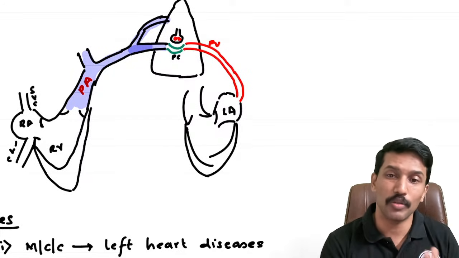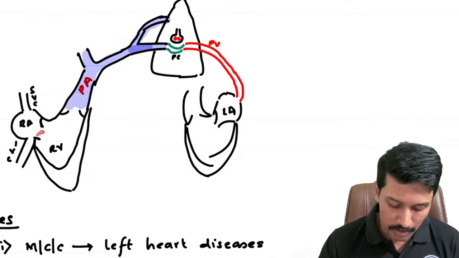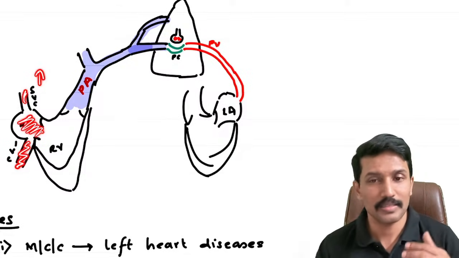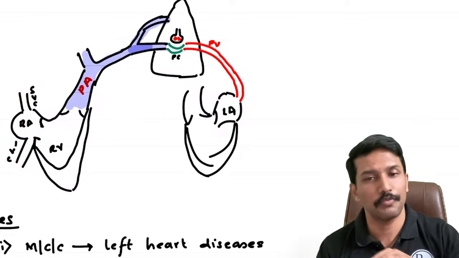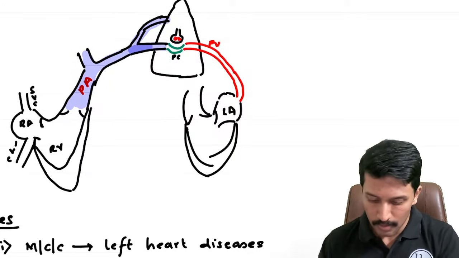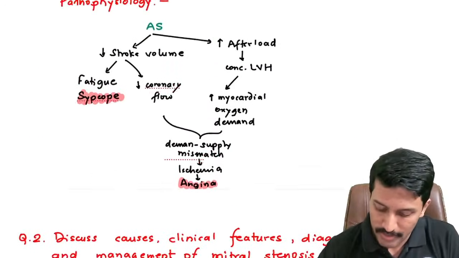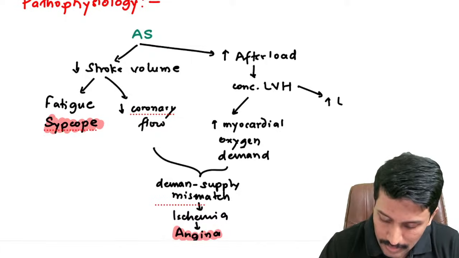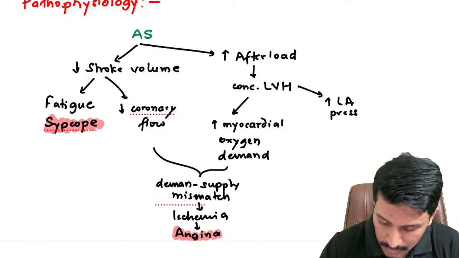Similarly, if I have a problem on the right side of the heart, the pressure will build up in the right atrium that will lead to raised JVP, ascites, hepatomegaly. So those symptoms you can write for all right heart disease with eyes closed. Okay, clear? So now in the aortic stenosis, we are expecting the concentric LVH will result in increase in left atrial pressure.